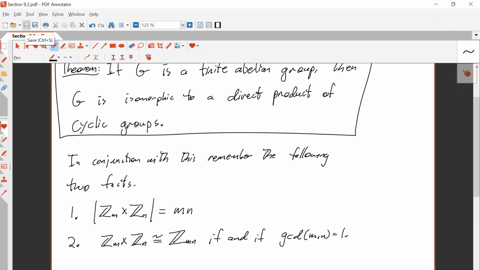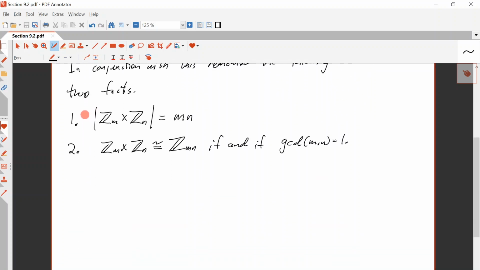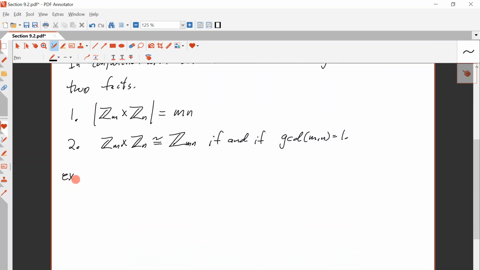So in conjunction with these facts, this will allow you to characterize all those finite abelian groups. Okay? So, for example, let's say the order of G is 6. Assume G is abelian. All right.